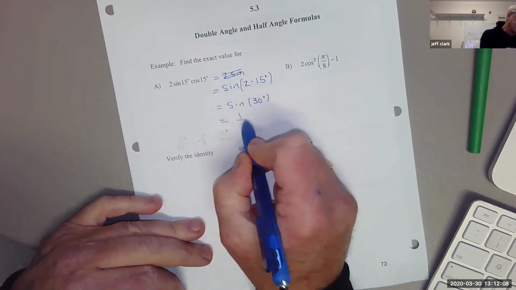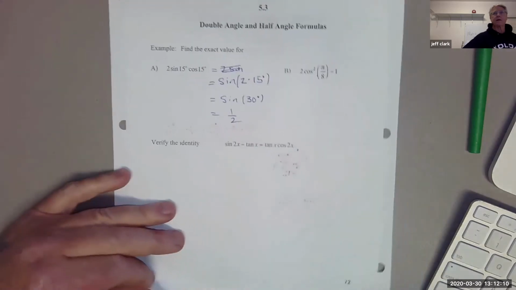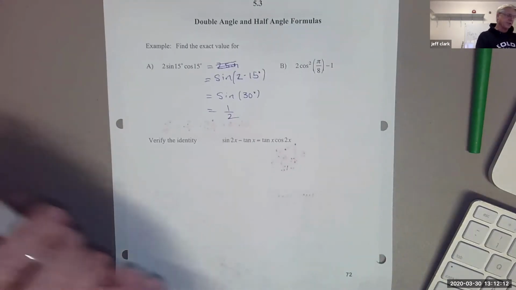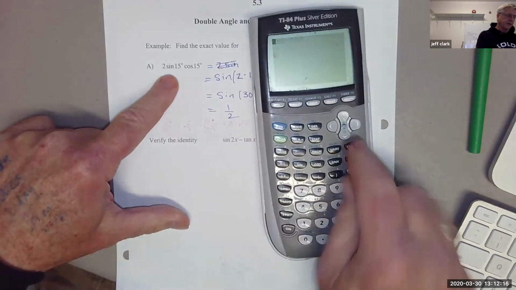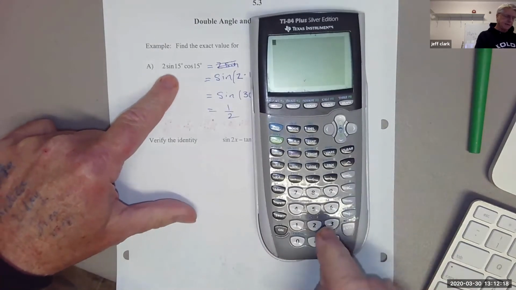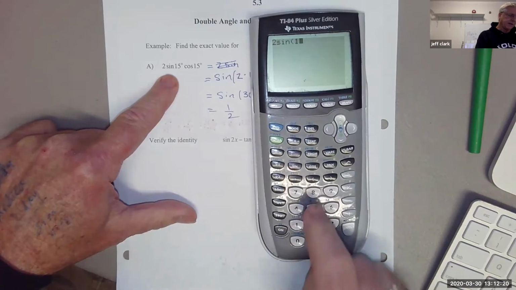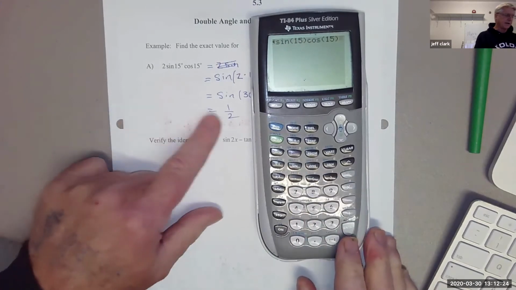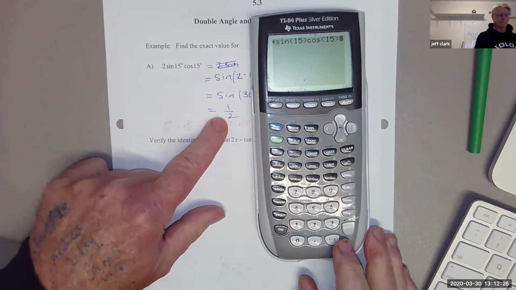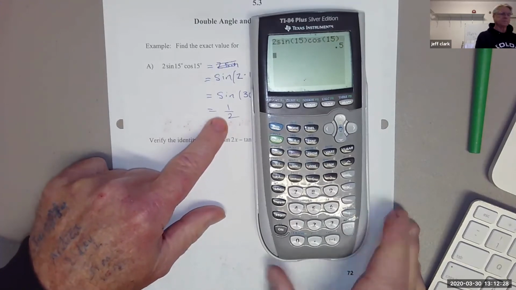Oh, that's a half. Just to check it, I took my calculator, and on the left-hand side, in degree mode, I did 2 sine 15 degrees cosine 15 degrees, and I'd better get 0.5, which I do. Hey, it worked.